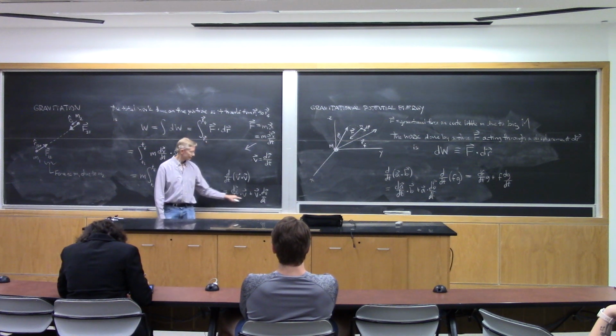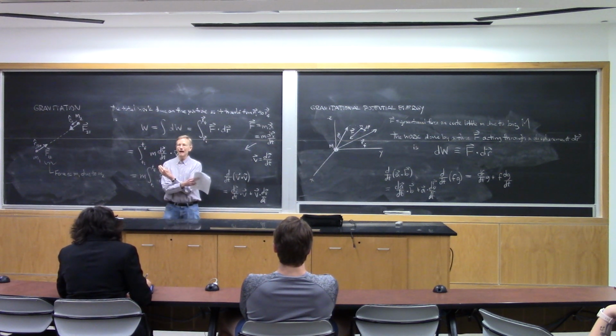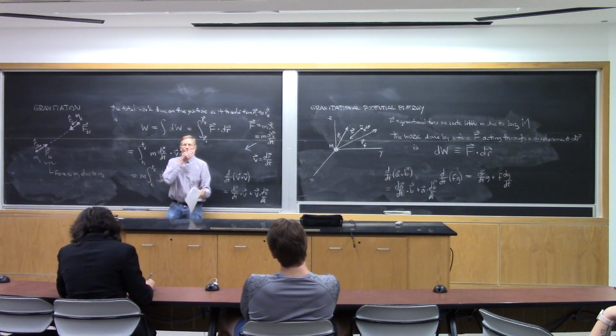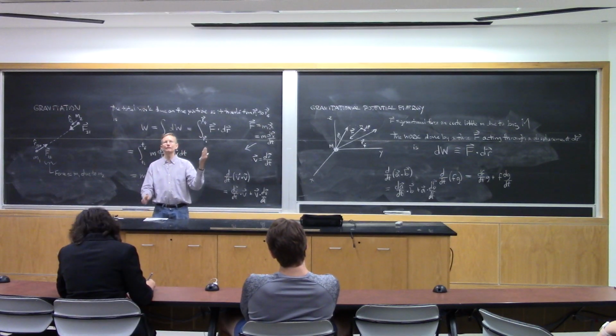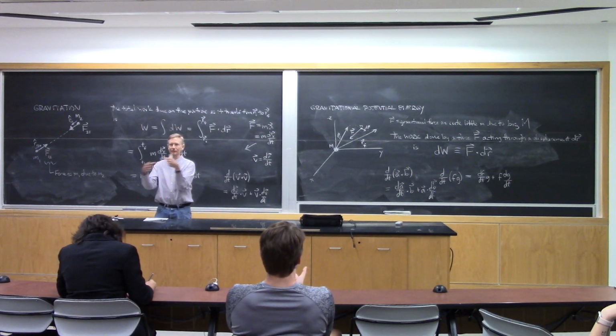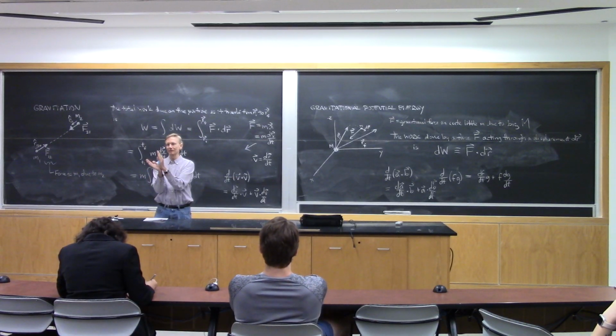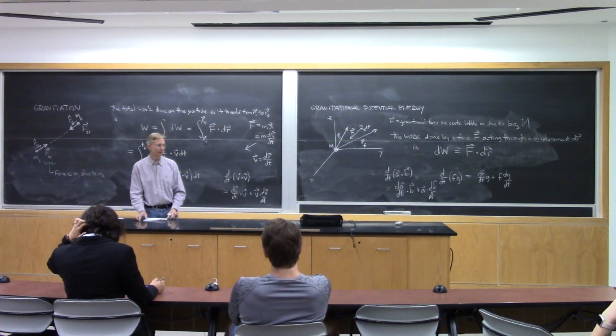Now, are dot products reversible? Is a dot b equal to b dot a? No. Yes. Yes, they are. If you just think of it in terms of the product of the magnitudes times the cosine of the angle between them, it doesn't matter which order you put them in, the angle between them doesn't depend on the order.